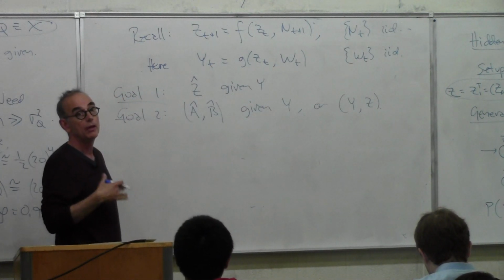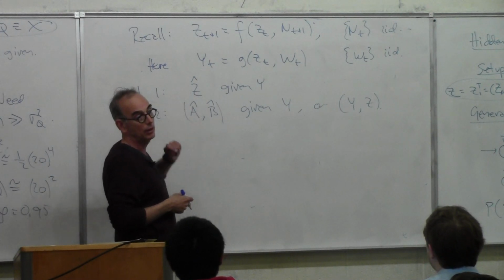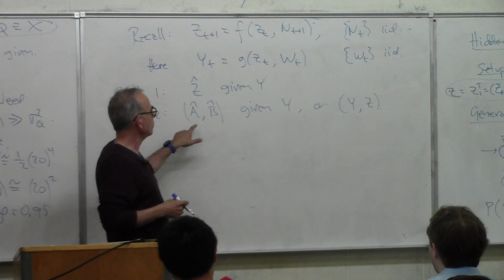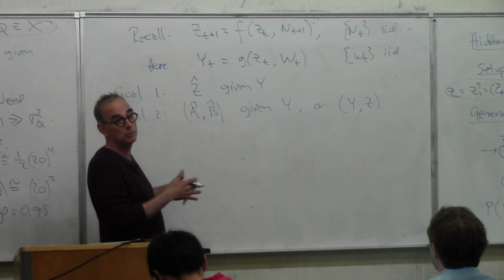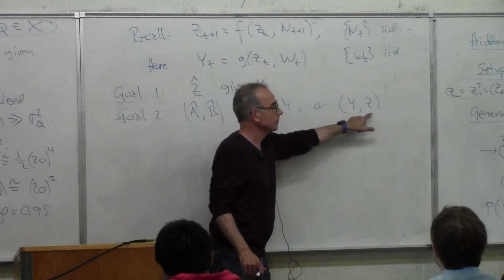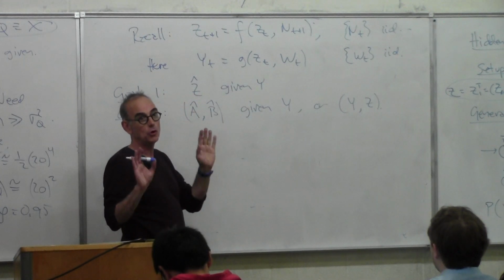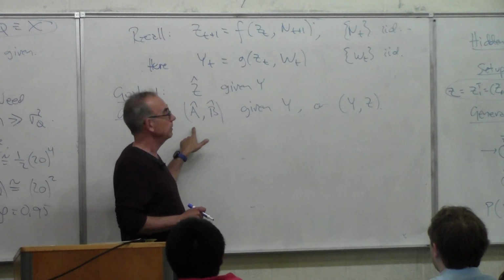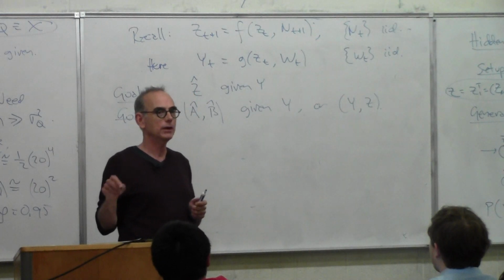One is this state estimation problem: I'd like to estimate this hidden state based on my measurements. And the other is that given y, or given y and z, I'd like to create a model. Now, given y and z, it's trivial. I'd give that as a homework problem and wouldn't feel at all guilty. You can just write it down. But if you're only given y, that's tricky. And that's a typical situation.